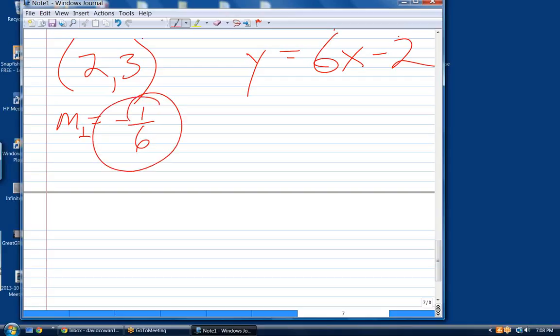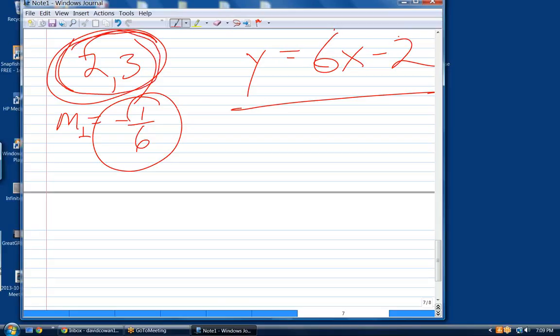So, parallel has the same slope, and perpendicular is the negative reciprocal, negative 1/6. So now I have a slope and 1 point. Clearly the easiest thing to use at this point is point-slope format, because I have exactly 1 point and I have a slope. So the original question was, give me the equation of a line that is perpendicular to this line and goes through this point, 2, 3.